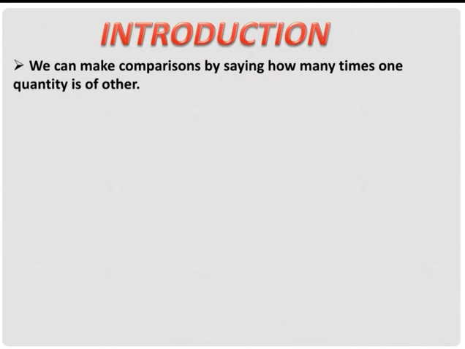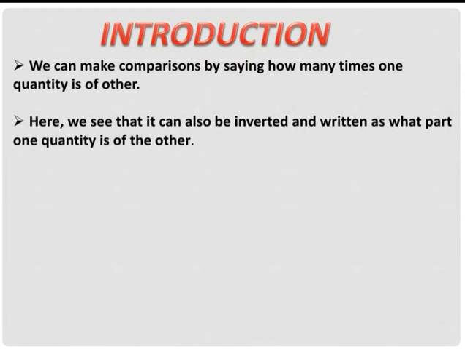We can make comparison by saying how many times one quantity is of the other. Or it can also be inverted and written as what part of one quantity is of the other.